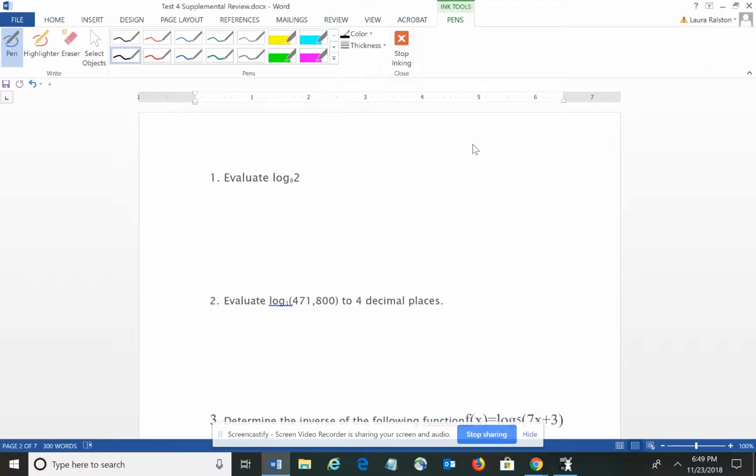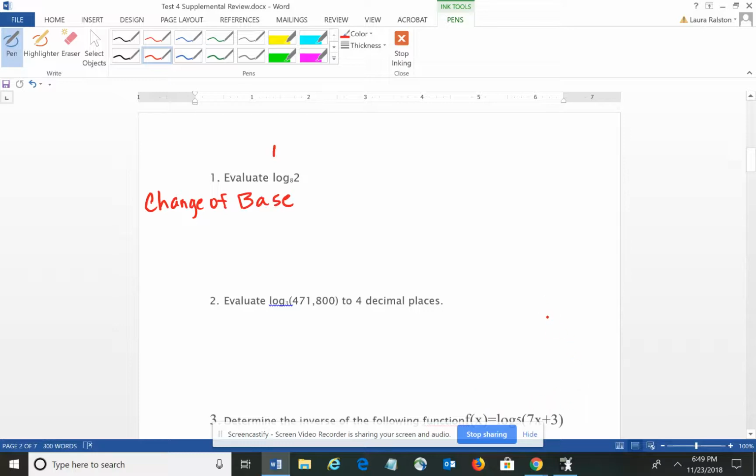So the first question, which I didn't see one like on your review sheet, asks you to evaluate log base 8 of 2. So it's really asking you that value. And so if we look at this from the perspective of the change of base, I would want to use the change of base here because I can't put log base 8 into my calculator directly.